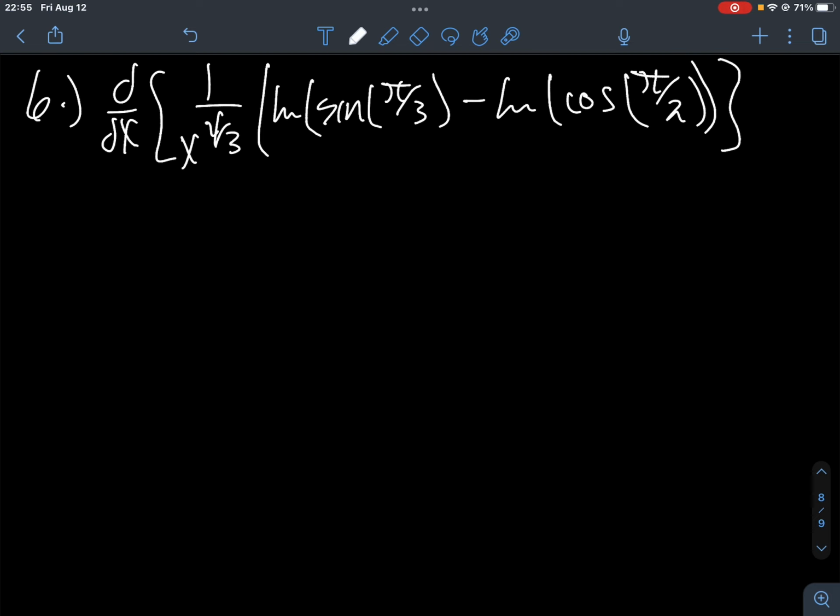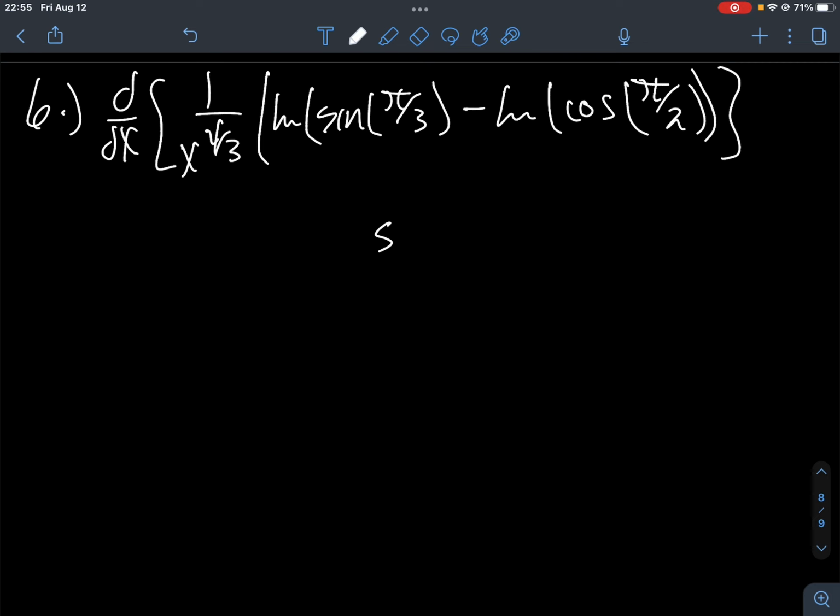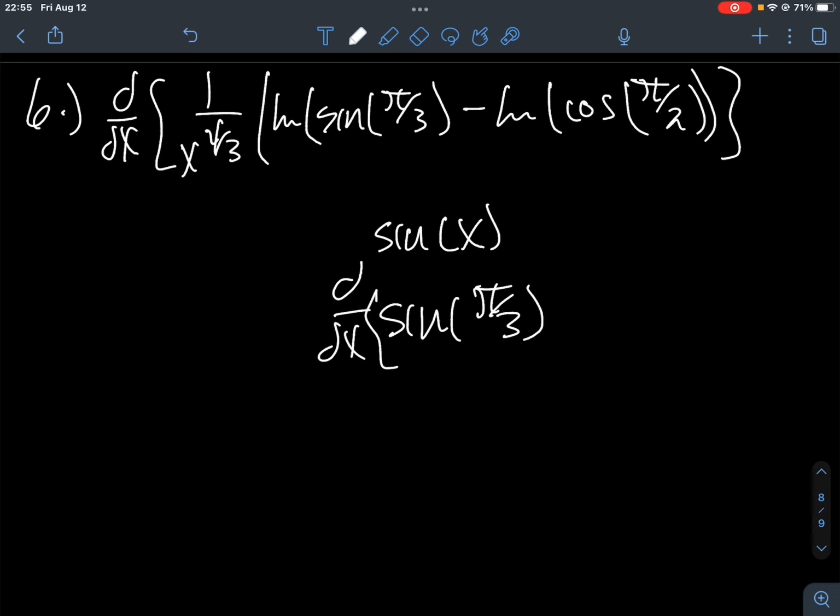Okay, so first of all, we see again that this is not sine of x, so we're not going to take the derivative of that because we have sine of pi over 3, which is a constant. The derivative of a constant is simply 0.